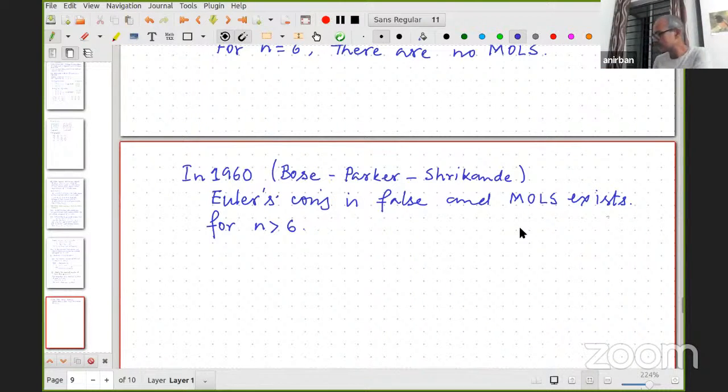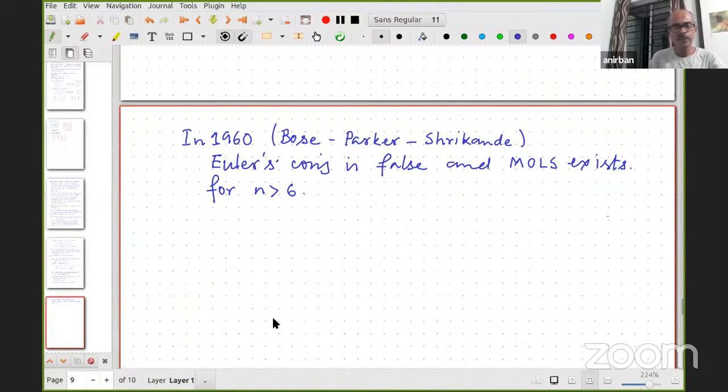The next thing is what connects us to finite fields. We have already seen that if n is even, then we have this trick of considering the one left shift and one right shift to produce two mutually orthogonal Latin squares.